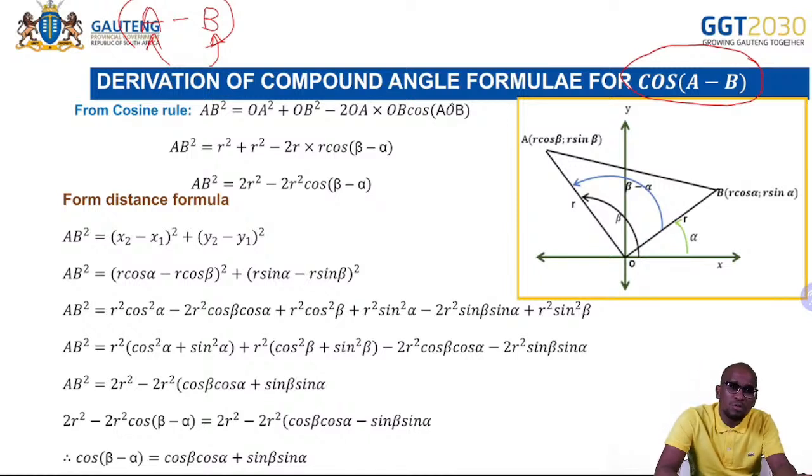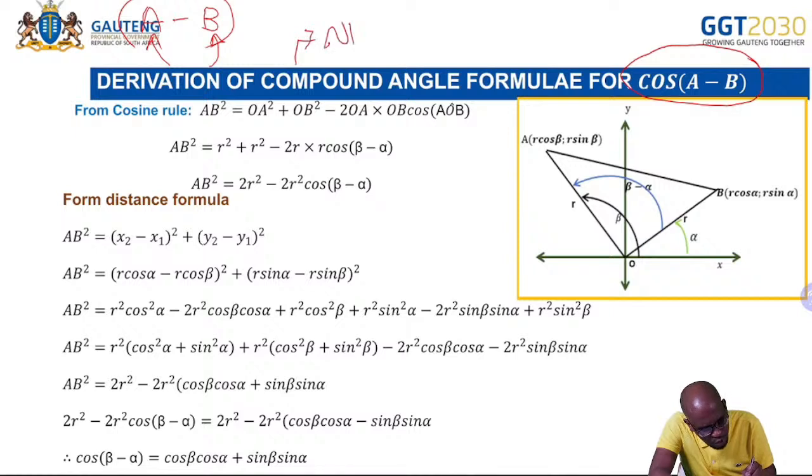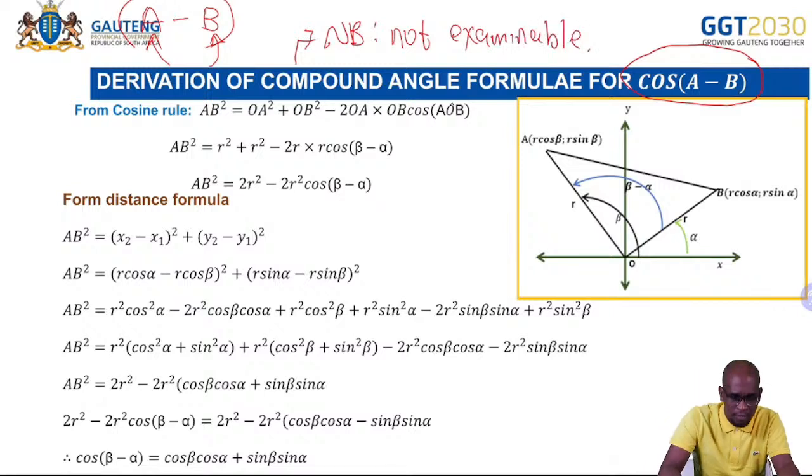Now we're going to be using this derivation. Remember, you should note that the derivation is not examinable. So you are not going to be actually examined or tested on the derivation itself, but we're just going to show you just how it is derived.